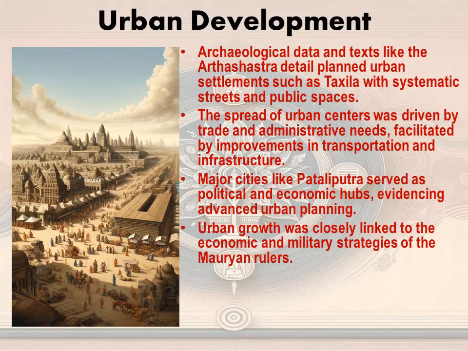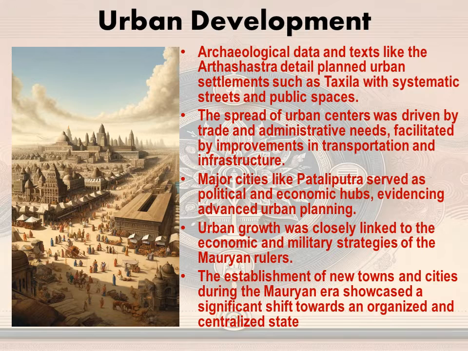Urban growth was closely linked to the economic and military strategies of Mauryan rulers. So, urban growth was directly linked with the growth in power and status of Mauryan ruler. Power as in military and status as in economic and resource status.